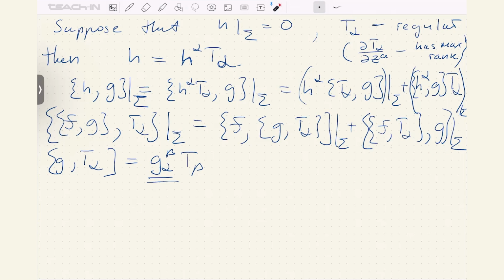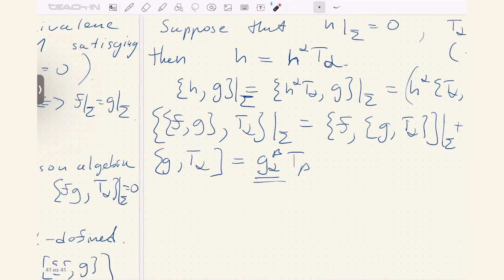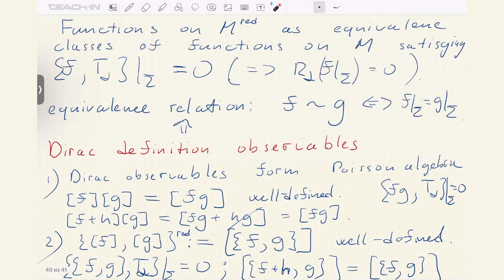And exactly the same happens here. So what we proved is that the space of equivalence classes of Dirac observables, strictly speaking, it's better to say like this, is equipped with Poisson bracket. So the Poisson bracket descends to this space of equivalence classes of Dirac observables, and this space is also an algebra with respect to multiplication. It's an algebra of functions on the reduced phase space.